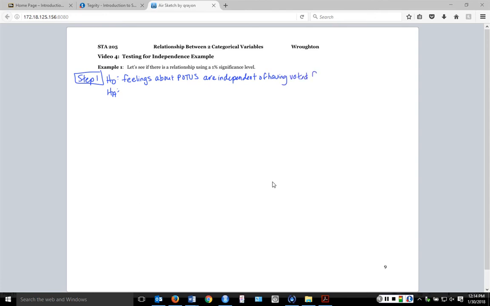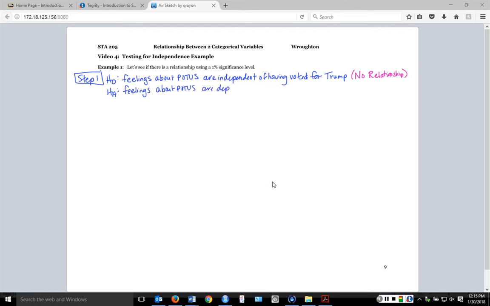And again, this idea of independence really just means that we're testing that there's no relationship is our null hypothesis. So in a sense, we're saying there's no relationship between having voted for Trump and your current feelings about the president. Versus the alternative is going to be the opposite. So the feelings about the president are dependent on having voted for him.